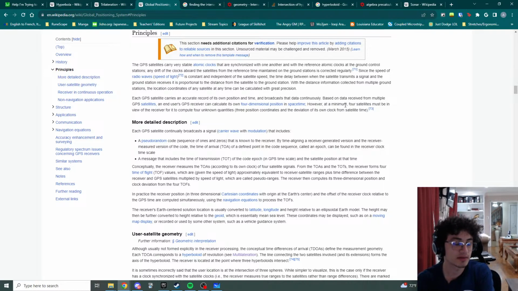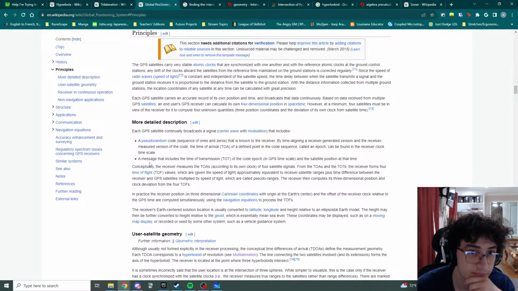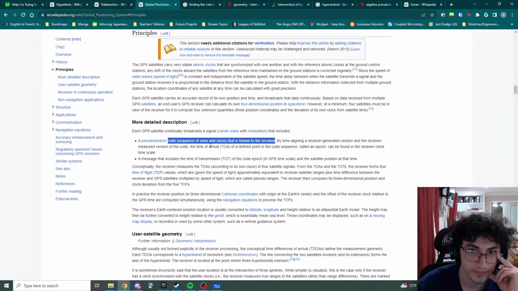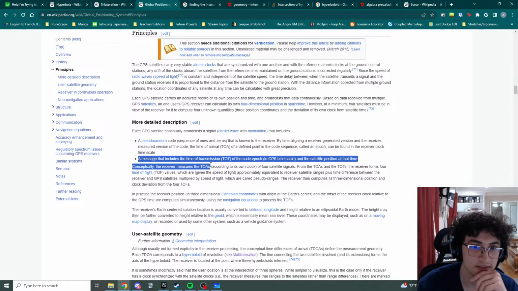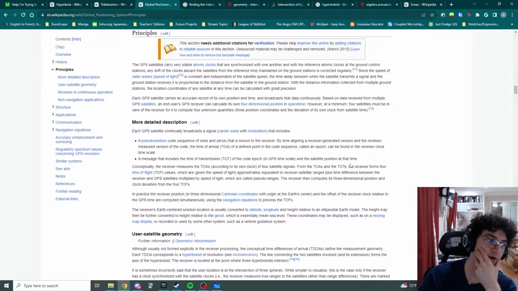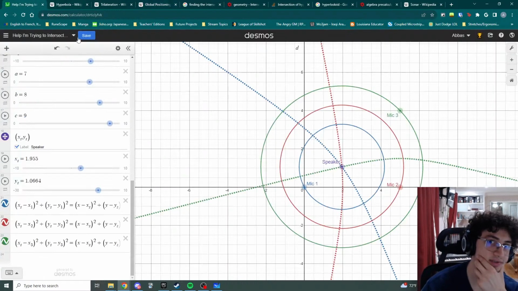So their clocks are synced. Each GPS satellite continuously broadcasts a signal that includes a pseudo random code, and then time of arrival can be found in the receiver clock, and it includes a message that includes a time of transmission. So that's part of your packet, so that way you don't have to just raw solve for hyperbolas.